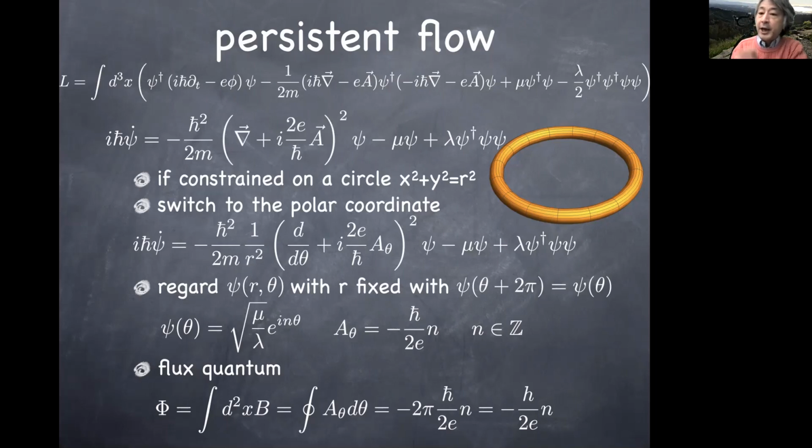This is a magnetic field induced by the current. And that magnetic field is quantized in the unit of h/2e, which turns out to give you an experimental evidence that this is really due to a supercurrent which carries charge 2e because they correspond to the Cooper pairs of electrons. So that's the idea of this persistent flow in the case of superconductivity.